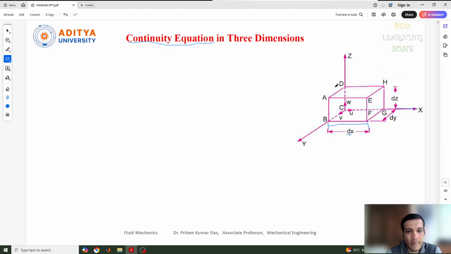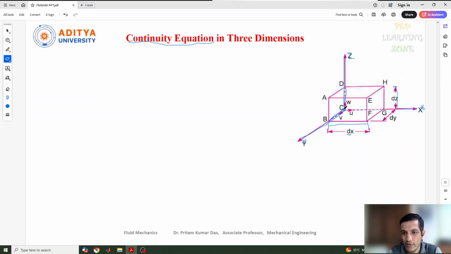Similarly, the fluid element length in the y direction is dy. Here dy is mentioned. So y is here, this is x, and this is the z direction. Similarly, the height, or the length of this fluid element in the z direction, is dz. All these lengths are taken from this origin point.